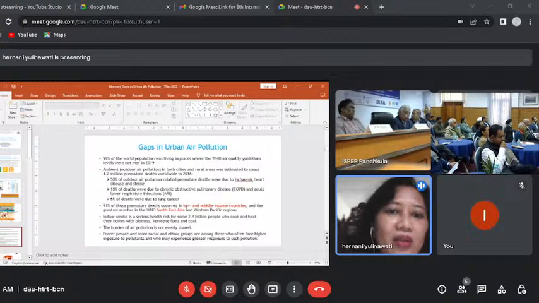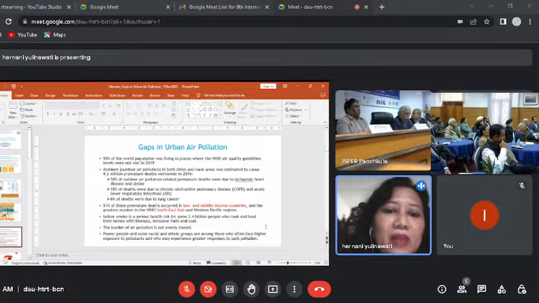Besides outdoor air pollution, indoor smoke is also a serious health risk for 2.4 billion people who cook and heat at home with biomass, kerosene, fuels, and coal. The burden of air pollution is not evenly shared, even within the same country.